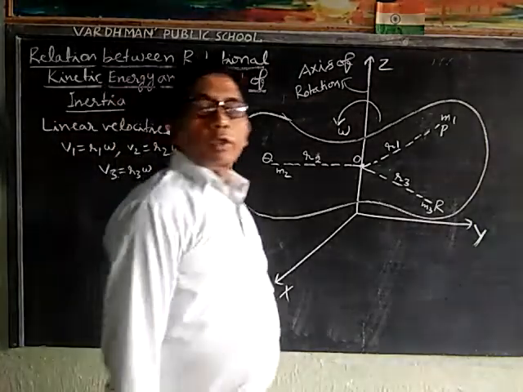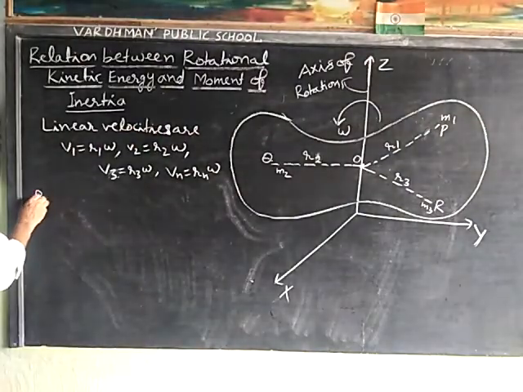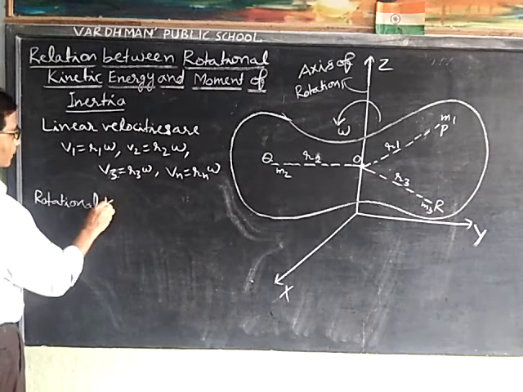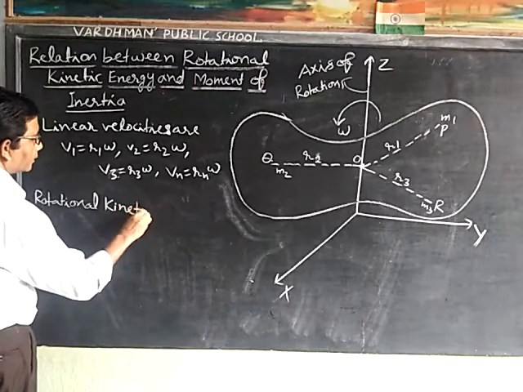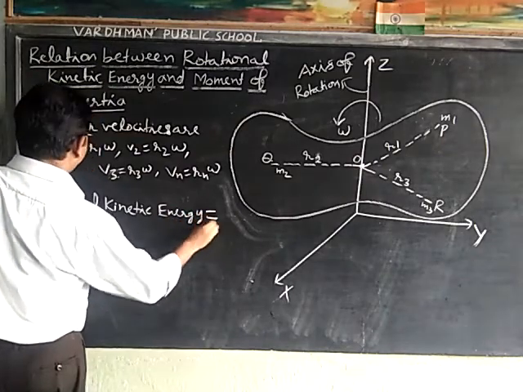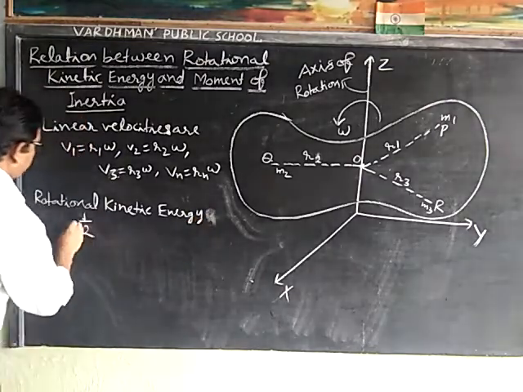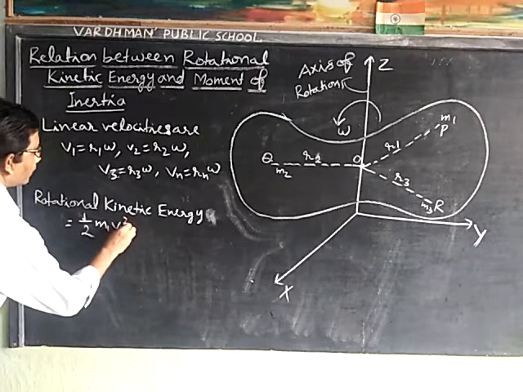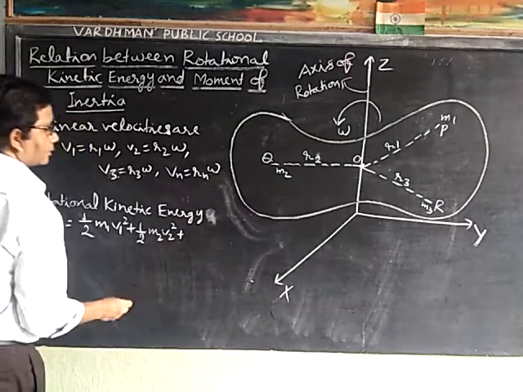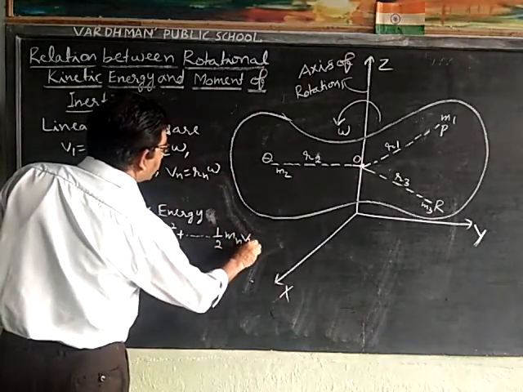Now rotational kinetic energy is equal to half m1 v1 square plus half m2 v2 square plus up to half mn vn square.